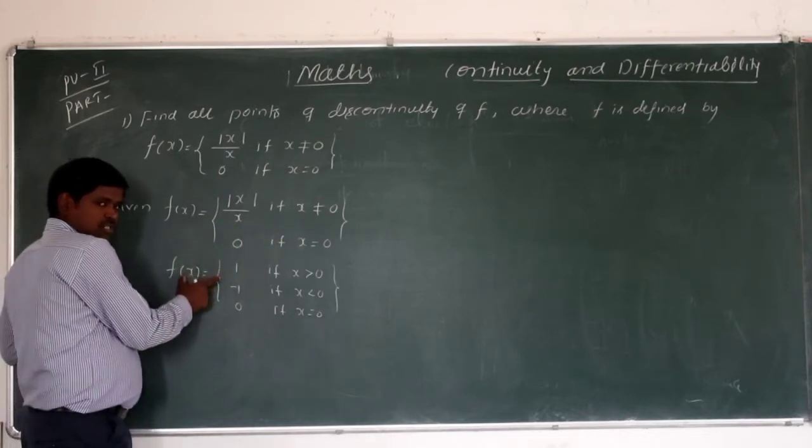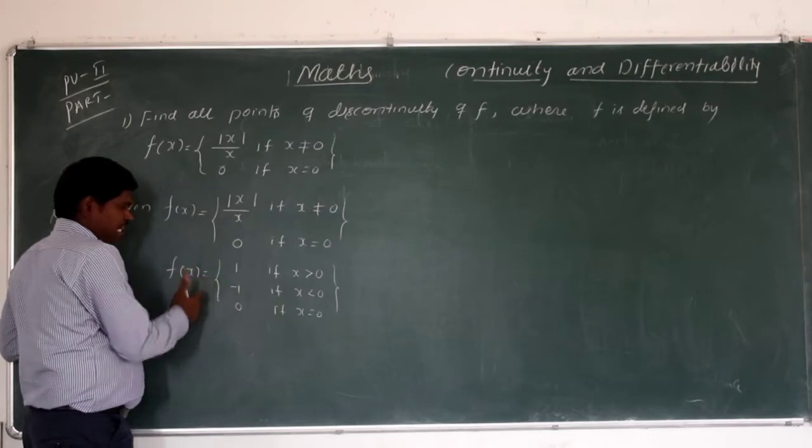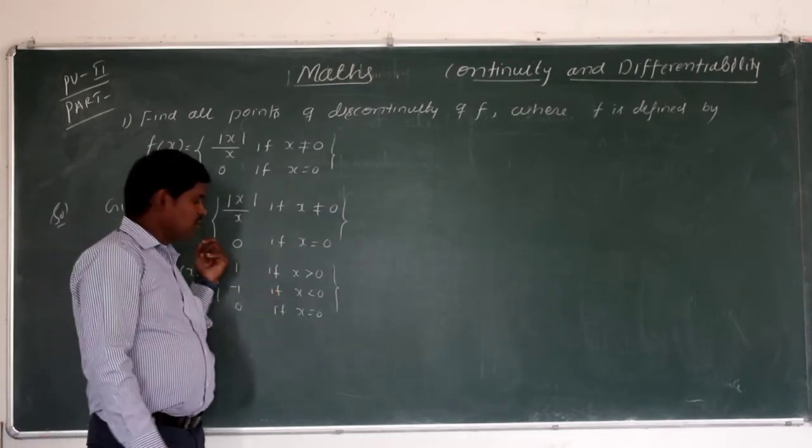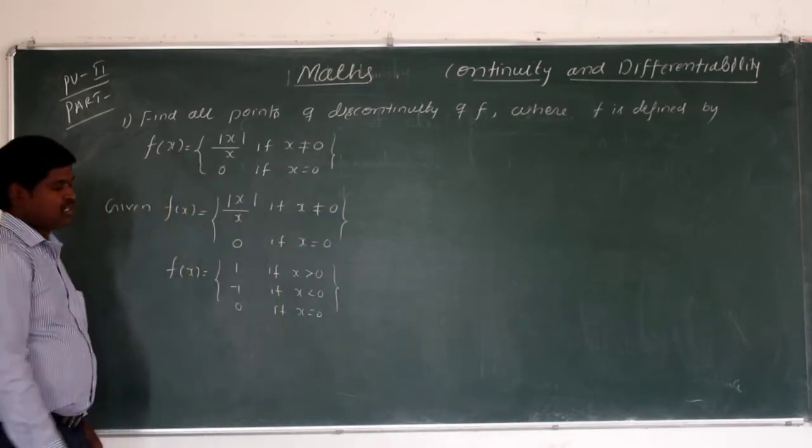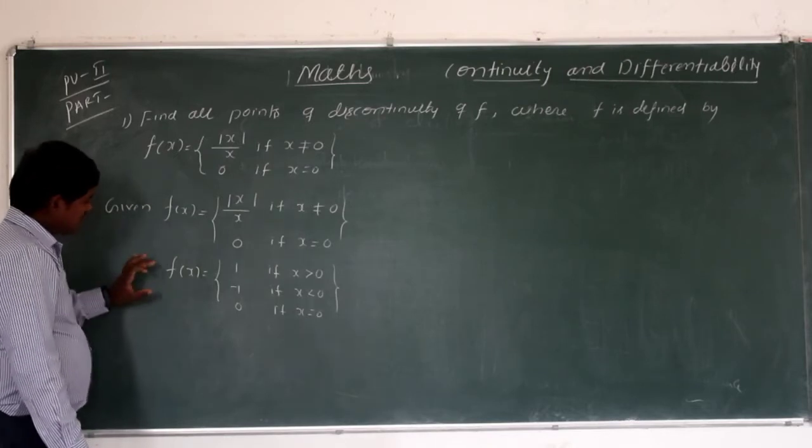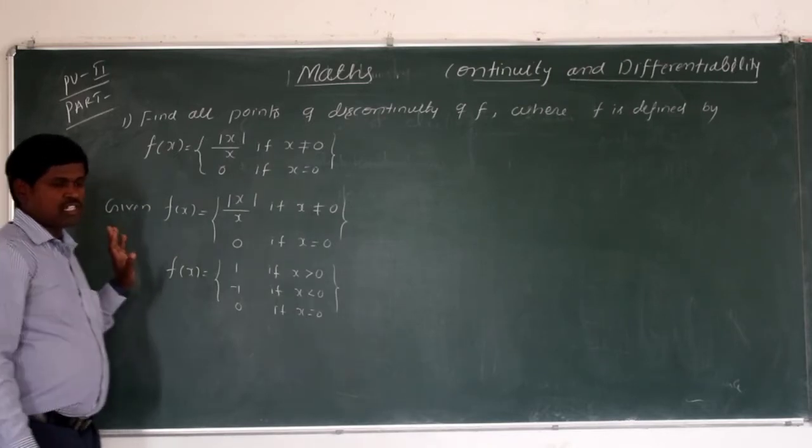So observe here, f of x is equal to 1 if x is greater than 0. It is a constant function. Is it clear? f of x is equal to minus 1 if x is less than 0, so that is also a constant function. Already you know that a constant function is continuous.